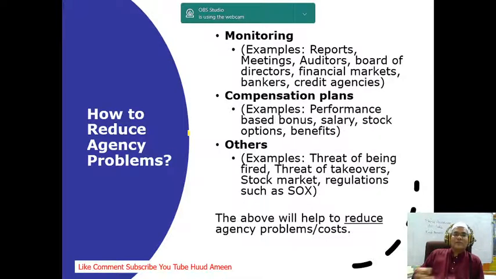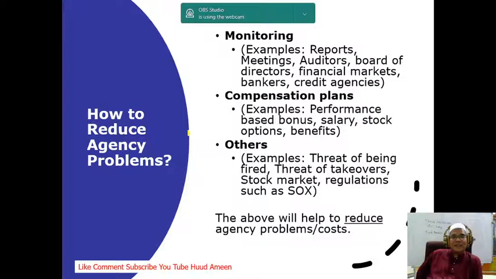So, monitored by owner or stockholder. So how do they monitor? By looking, the owner will look at annual reports, study or monitor the reports, meetings, the appointed auditor to audit the financial statement.